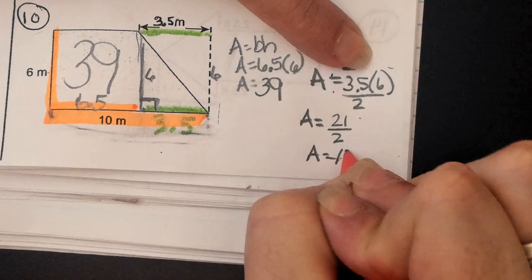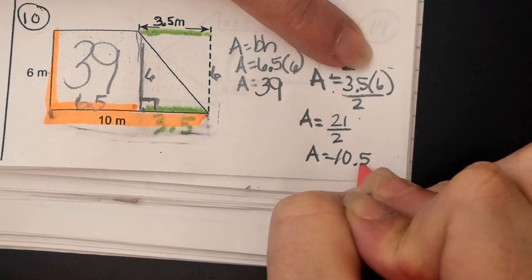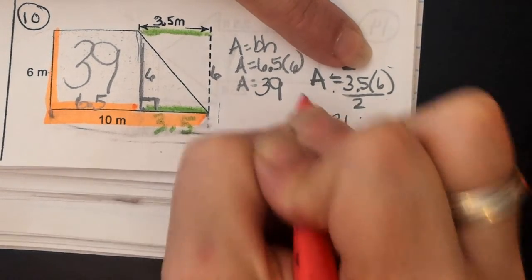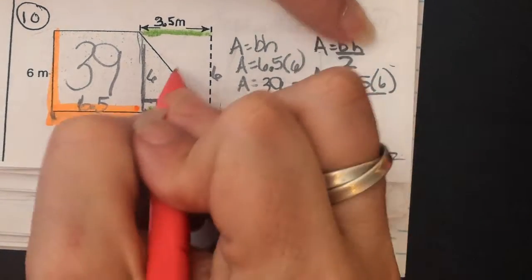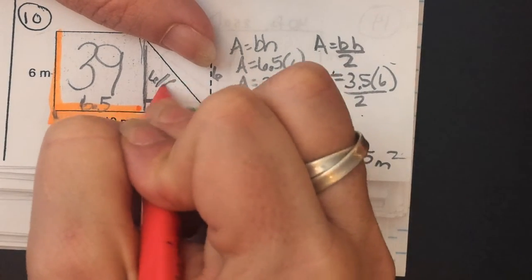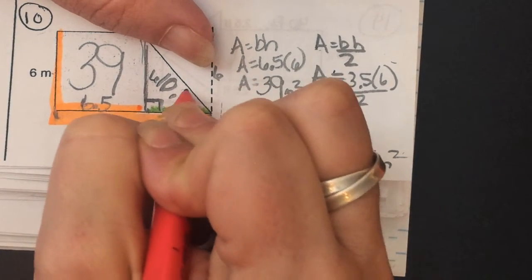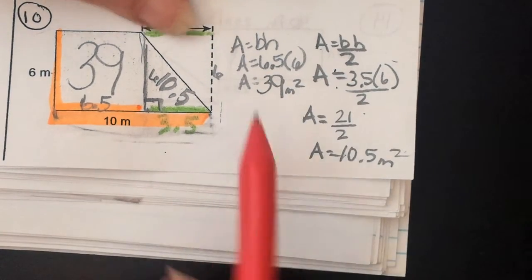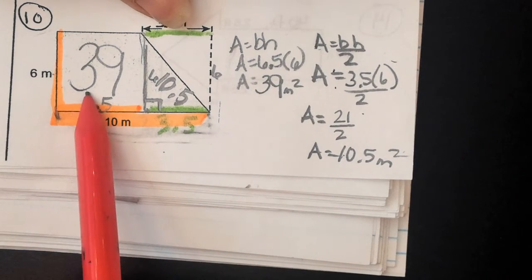I should have put meters squared on each of these. Okay, now my triangle is 10.5.